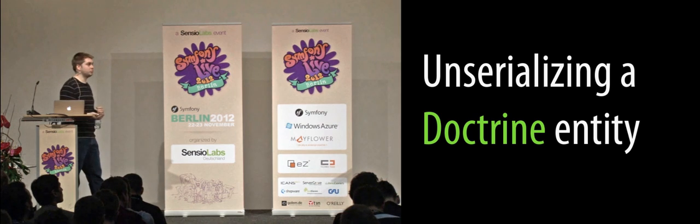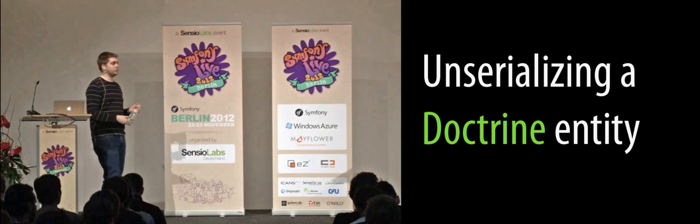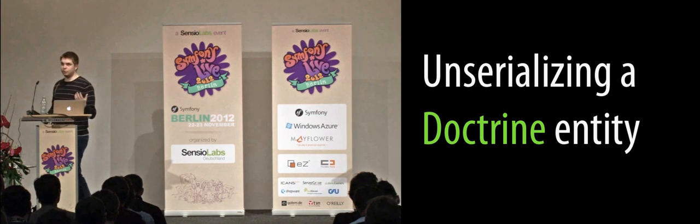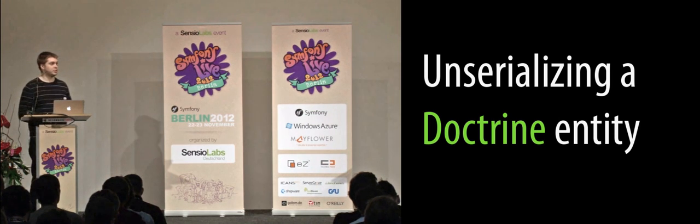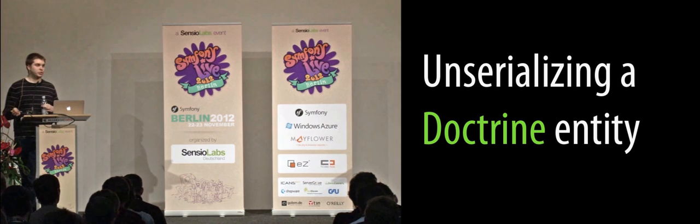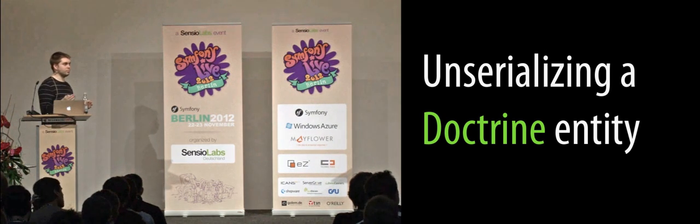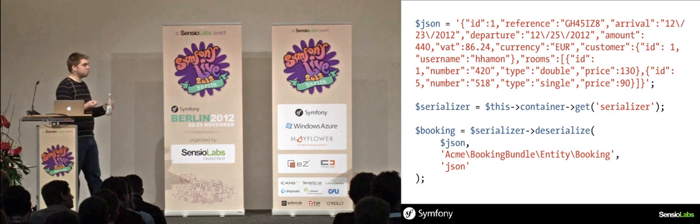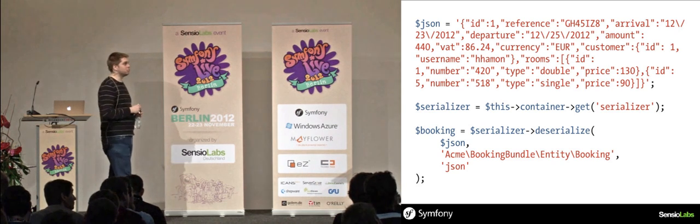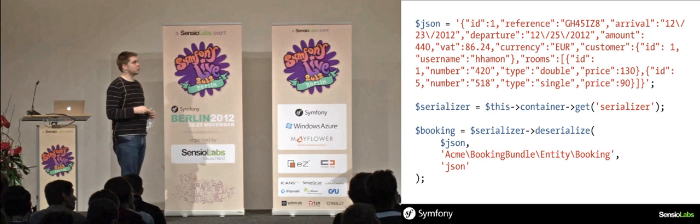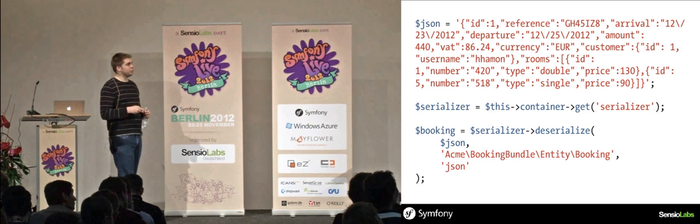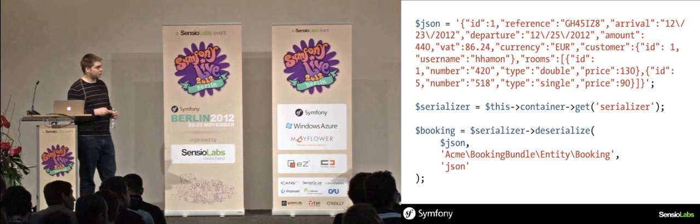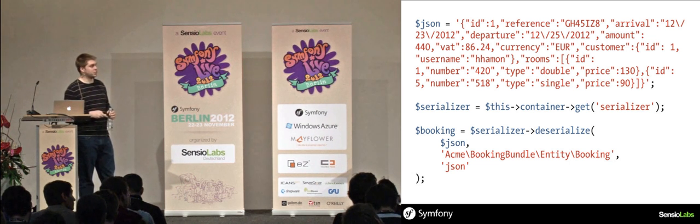And it works if you also want to unserialize your Doctrine entity, if you correctly specified all the type annotations in your Doctrine entity to specify the type of your properties, but also of your relationships. So let's say we have a JSON serialized value. My booking has properties, and we have the customer, and we have the rooms, a list of rooms.